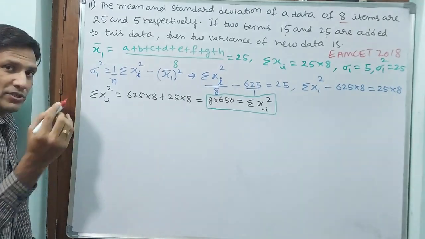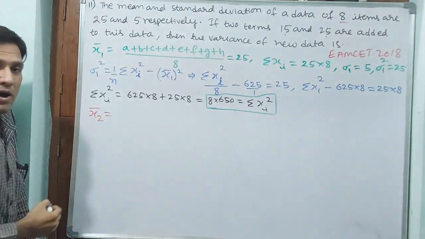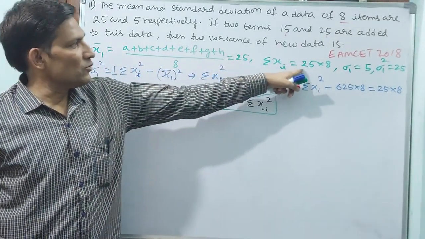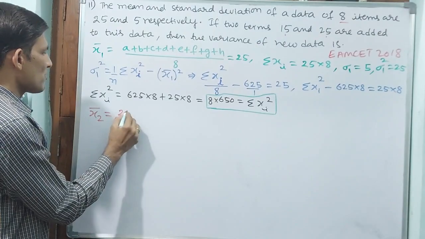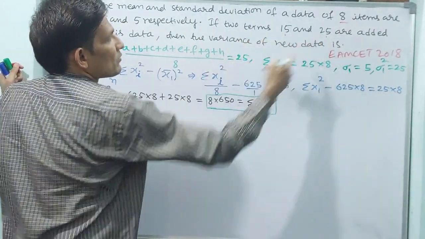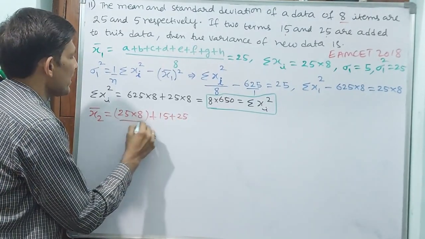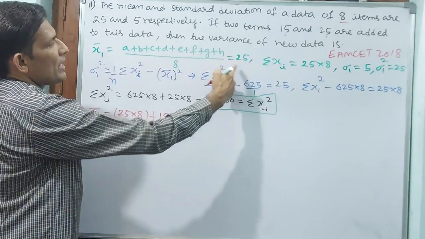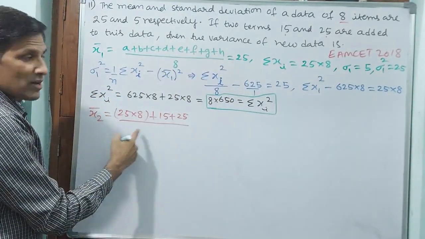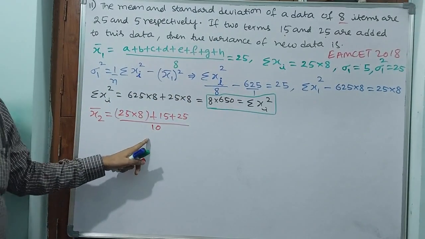Okay. Now you see x2 bar I am writing. x2 bar is equal to, earlier this you know, sigma x 25 into 8. Write down 25 into 8 plus these 2 terms 15 plus 25. Okay, divided by, earlier 25 into 8 by 8 was there. Okay, that is why. Now into 10 we have to make. Divided by 10 you have to make. Why? Because see, n has increased now.